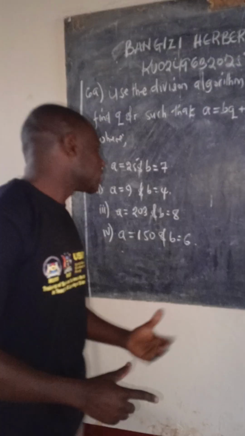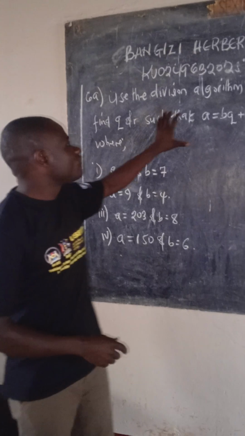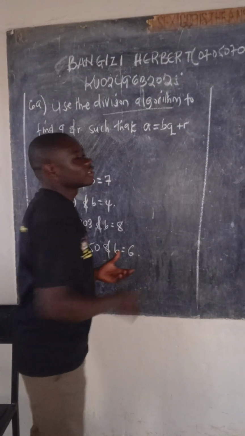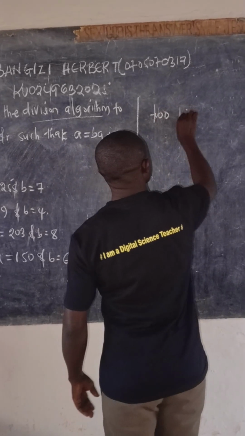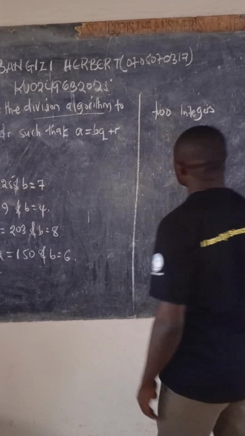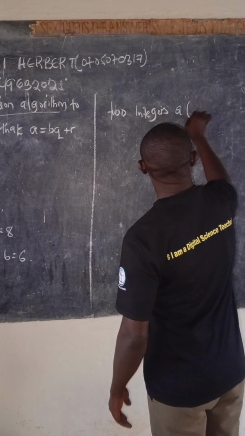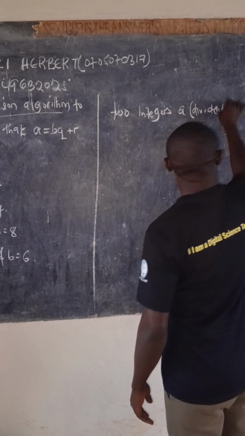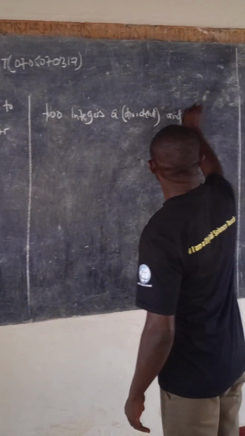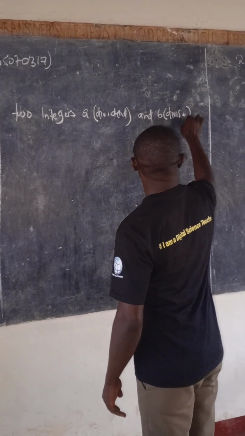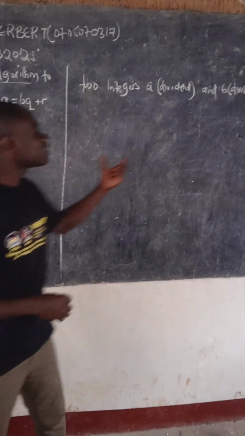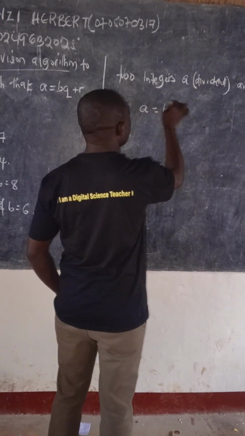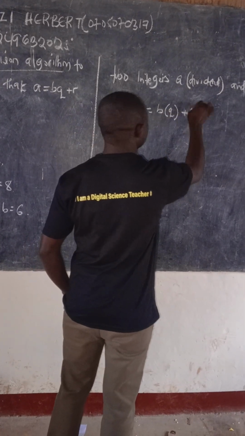But of course, when I want to take you back, the division algorithm states that we have two integers, A, which is the dividend, and B, which is the divisor, and these two integers must give us this expression: A equals B into Q plus R.